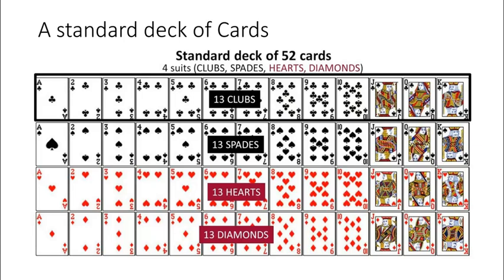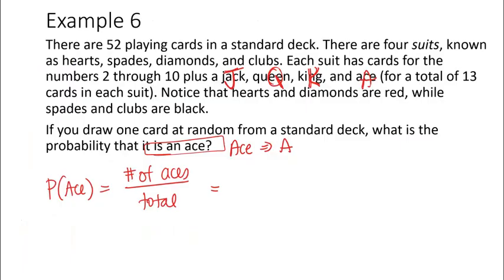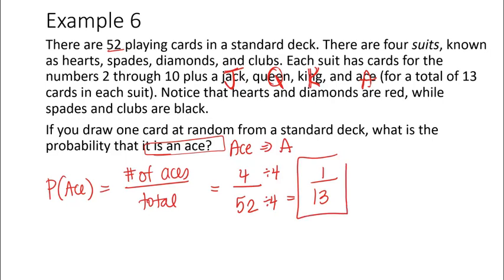So looking, my aces are these A's, and there are 1, 2, 3, 4 of them out of the total 52 cards. Now cards can always be reduced, it seems, because I can divide a 4 out of top and bottom. 4 divided by 4 is 1. 52 divided by 4 is 13. 1 out of every 13 cards is an ace.